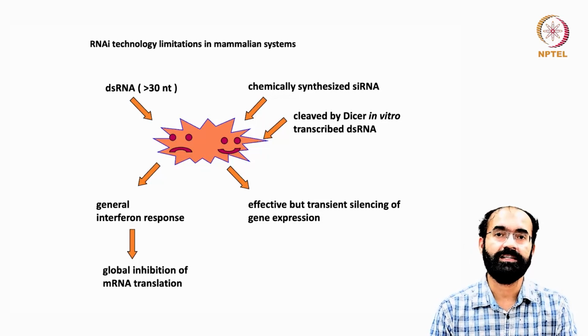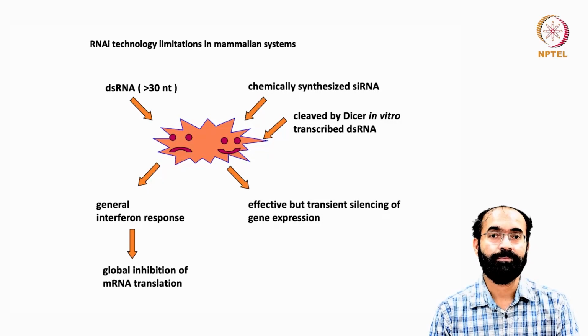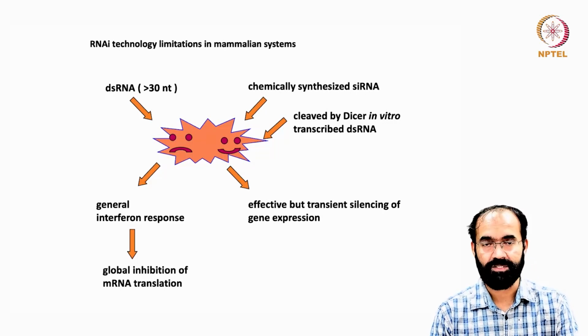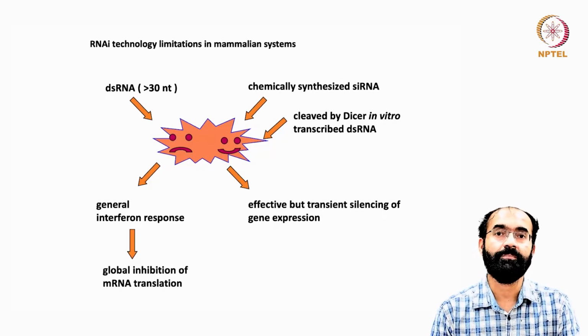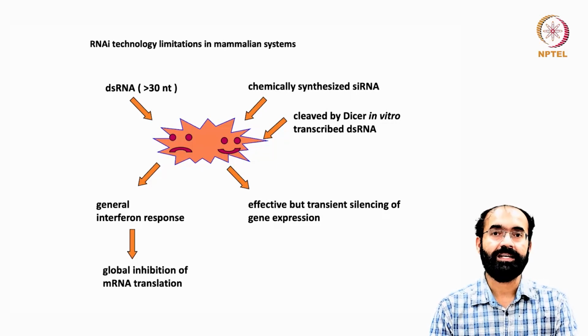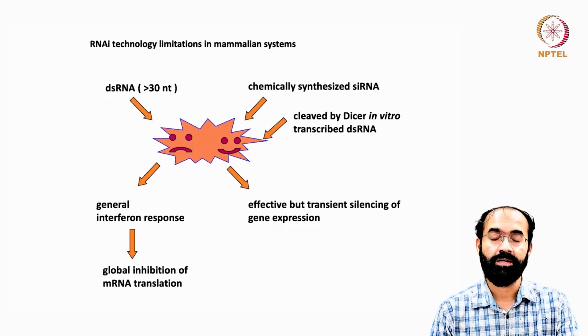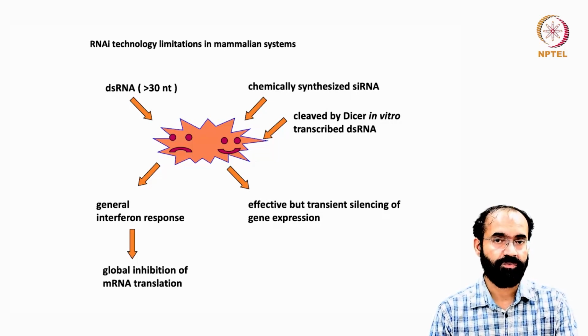Once interferons are turned on, the overall translation is blocked. It may sound counterintuitive, but in a short span of time, this helps. Just like you withdraw the money from the market so that you don't spend much, because you don't have money. How will you spend it? So naturally the demand for goods will come down and the price of the goods will come down.